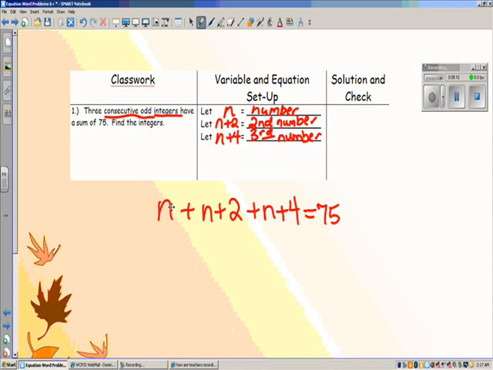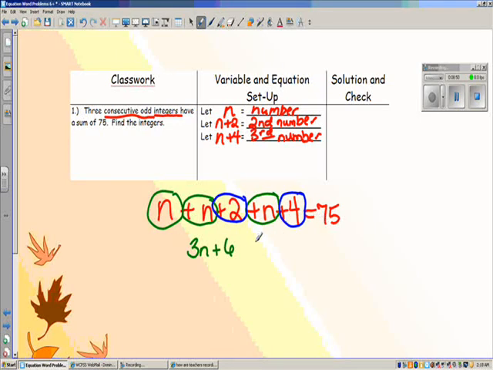We have n plus n plus n, which gives us what? 3n. And then we can also combine our positive 2 here with our positive 4. What's 2 plus 4? Good, 6. Okay, so that's our left side of our equation. On our right side, we don't have anything to simplify. So I'm going to set that equal to 75.